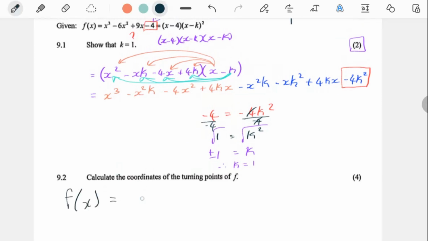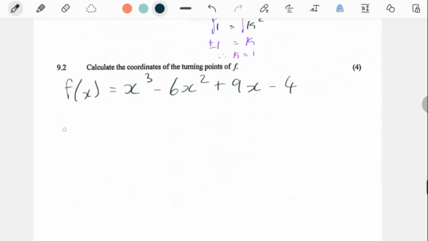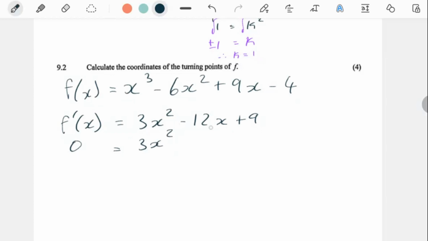So the reason we differentiate and equate our equation to 0 is because our differentiated equation is a gradient equation, you see. So us differentiating this f of x here, what we're doing is we are getting a gradient equation. This gradient equation, we're making it equal to 0 because we want to find out the x values where the gradient is 0.